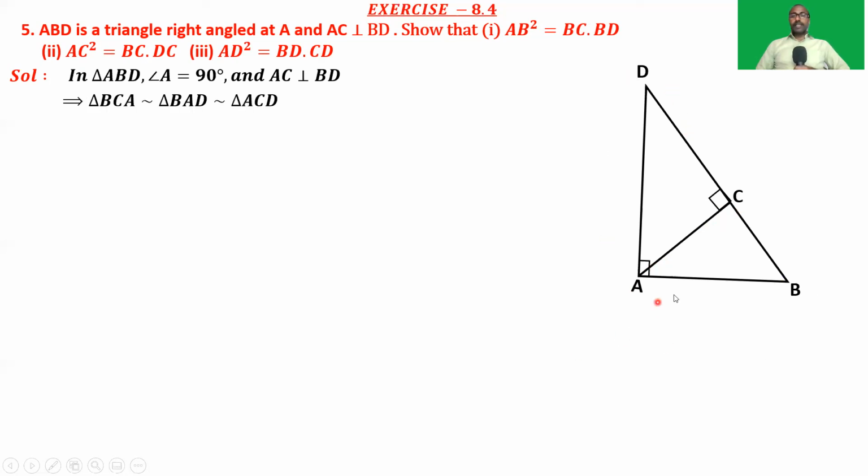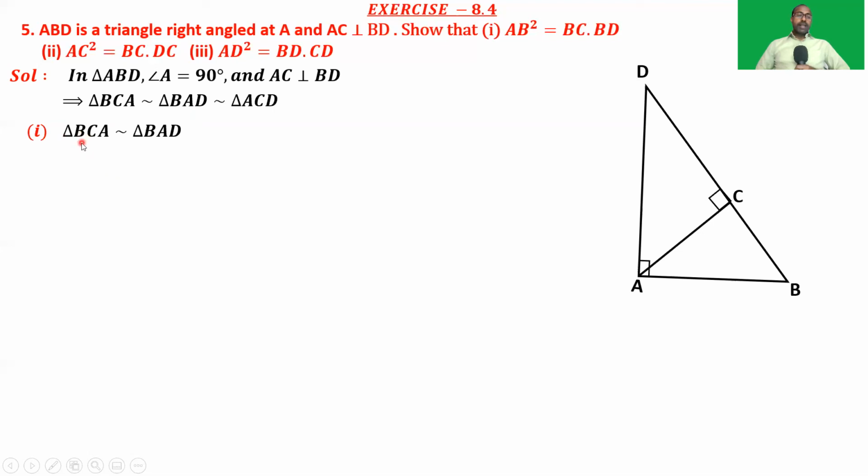That is, triangle BCA is similar to triangle ACD, similar to triangle BAD. We proved this already.